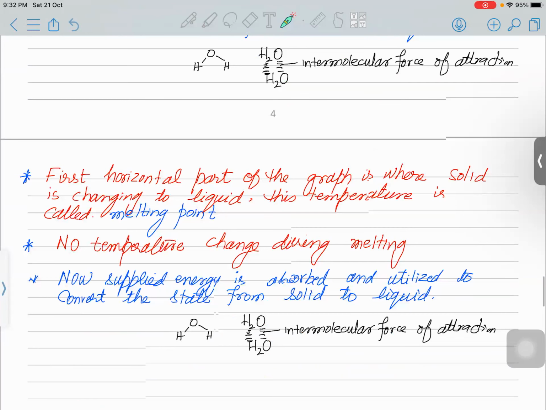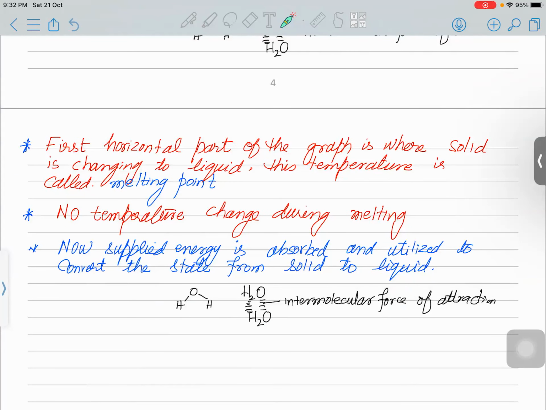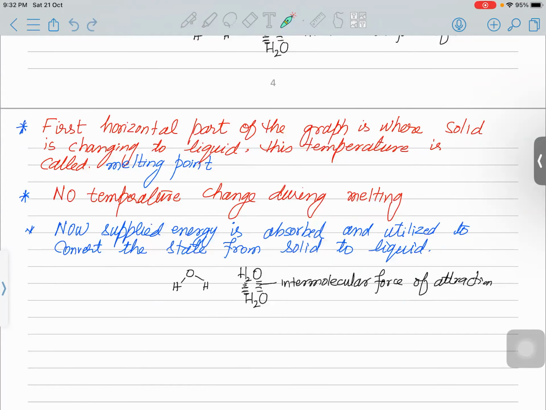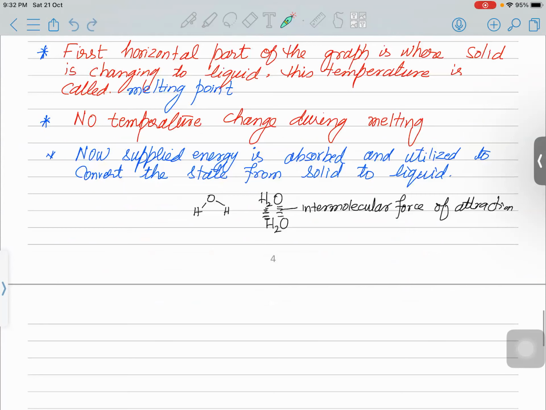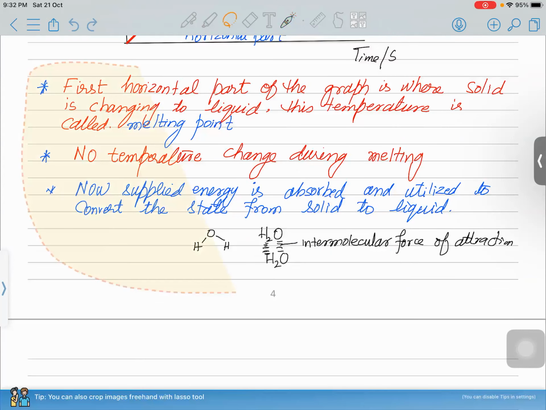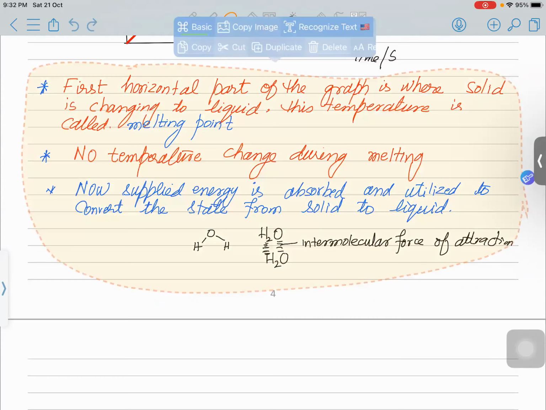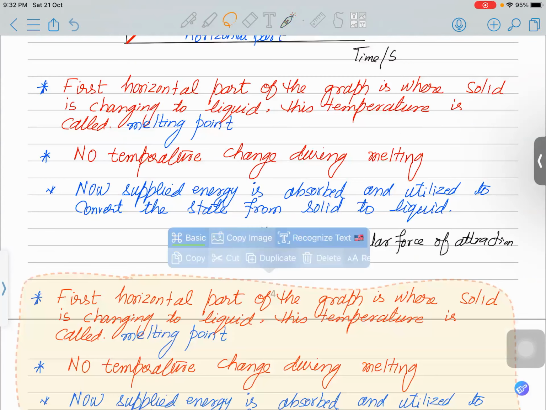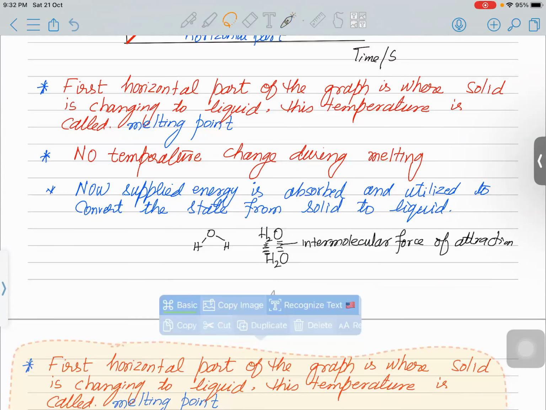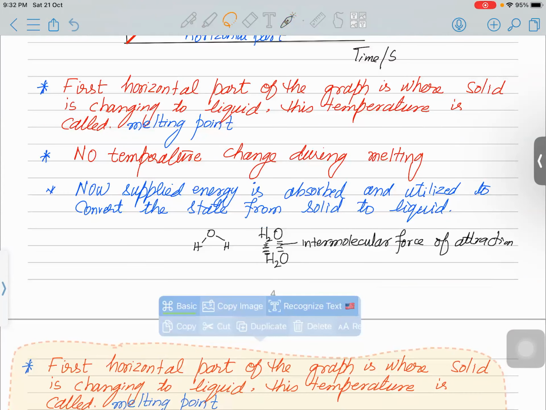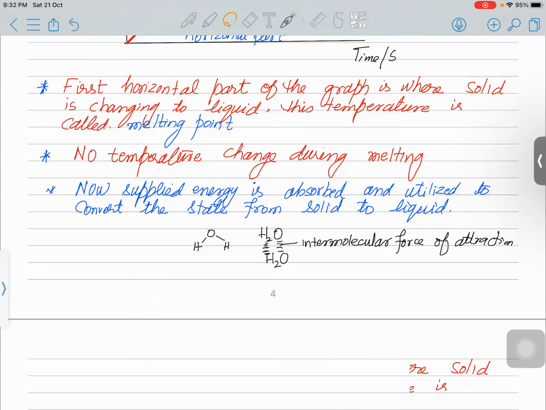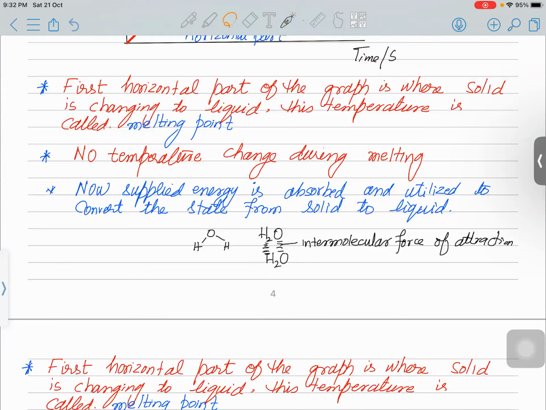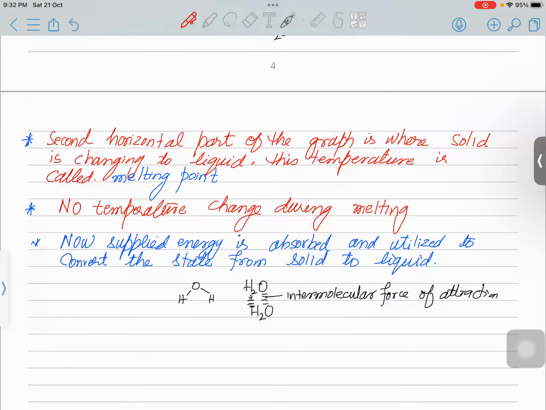So the second horizontal part of the graph is where liquid is changing to gas.